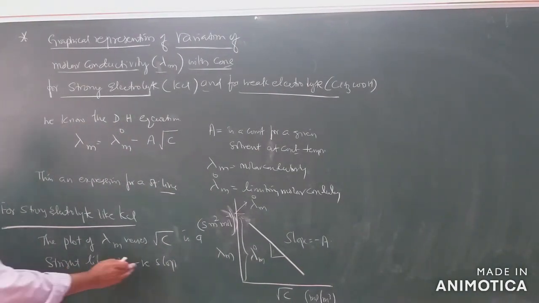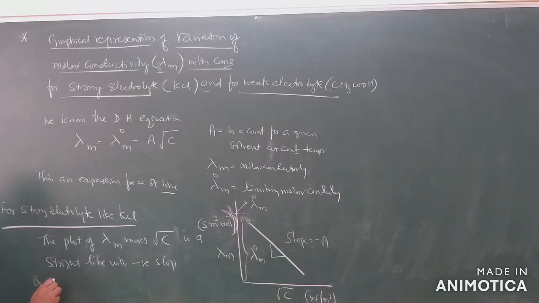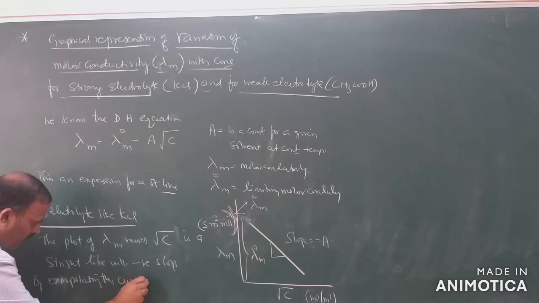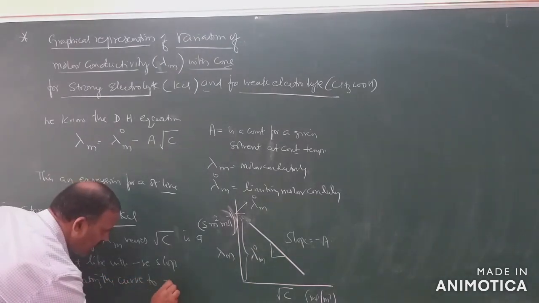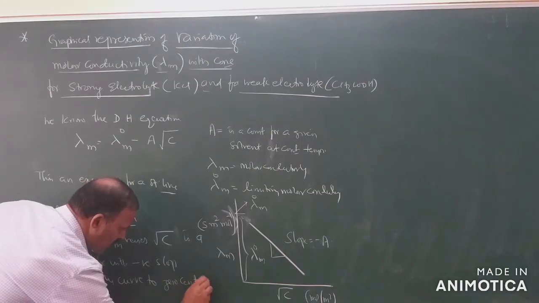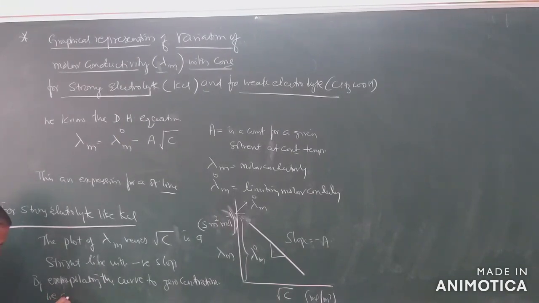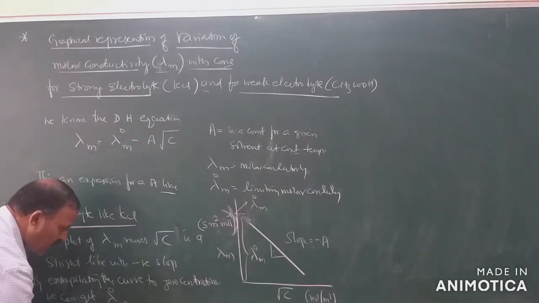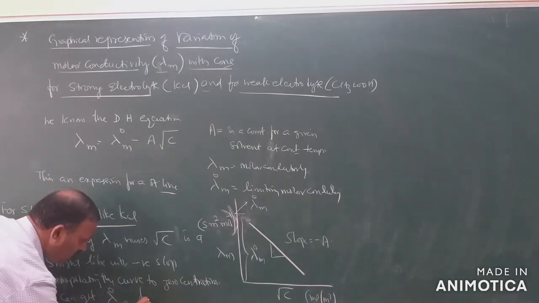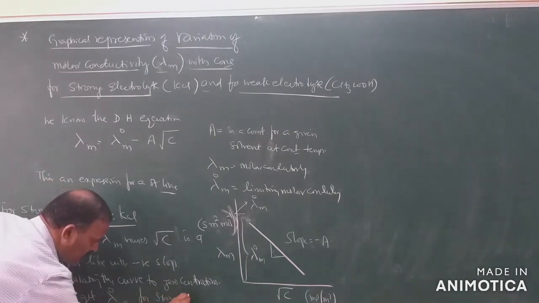Therefore, with negative slope, by extrapolating the curve to 0 concentration, we can get what? Lambda m0. What is lambda m0? Limiting molar conductivity for strong electrolytes.